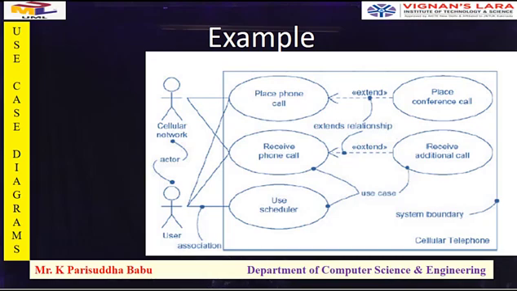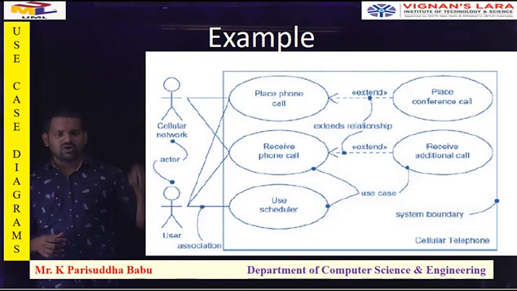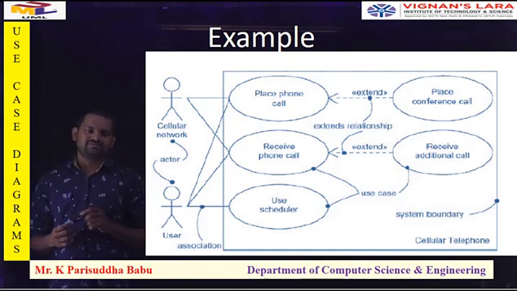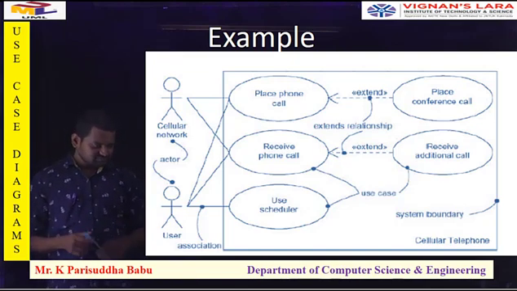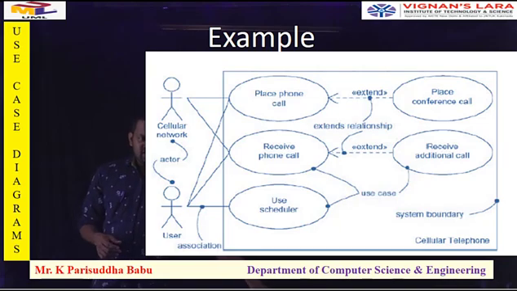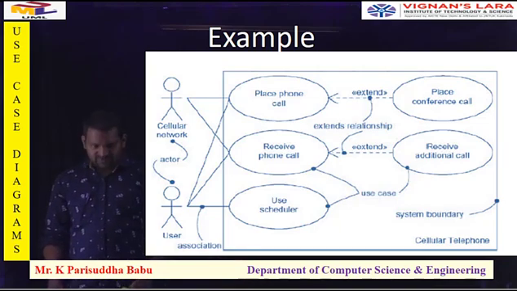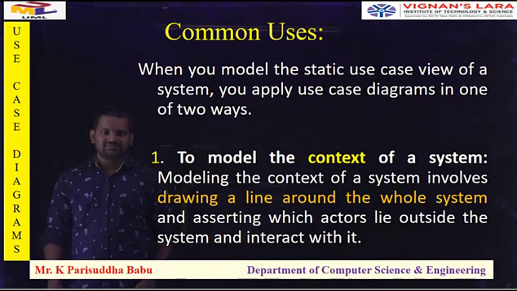In this cellular telephone system example, the system boundary is the rectangle, which draws an outline around the system. This is the example of a use case diagram.